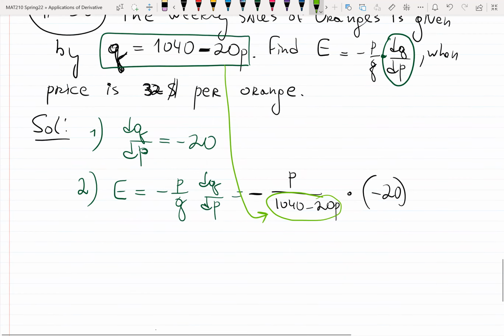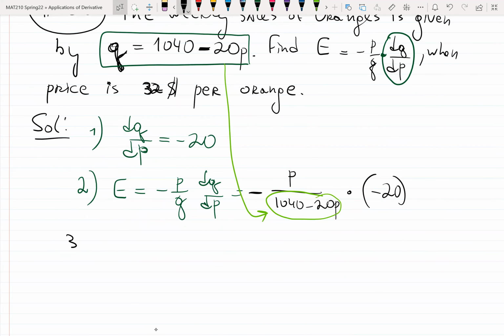Make sense? Step 3, plug the values they gave you, and they just give you one value. That is price. And don't think of this per as related rates. People get confused with related rates. That's not a related rate problem. Price is 30. Don't be confused. Price is 30. E equals minus 32.